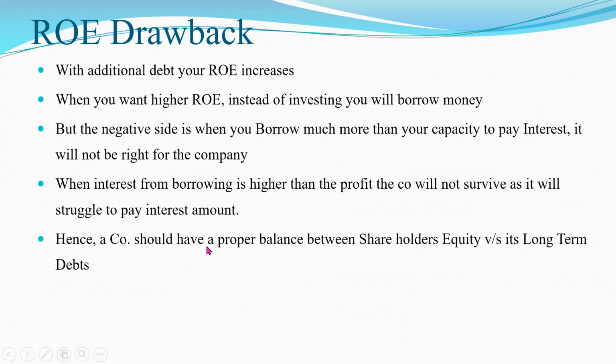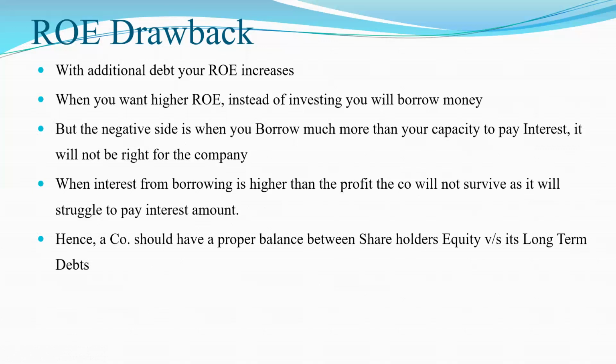So a company should have a proper balance sheet, a proper balance between the money invested and the long-term debts. Debt to equity ratio, if it is exceeding 1.2, maybe okay. Above that, bad. Similarly, price to earnings divided by earnings growth, PEG ratio, can be around 1.5.